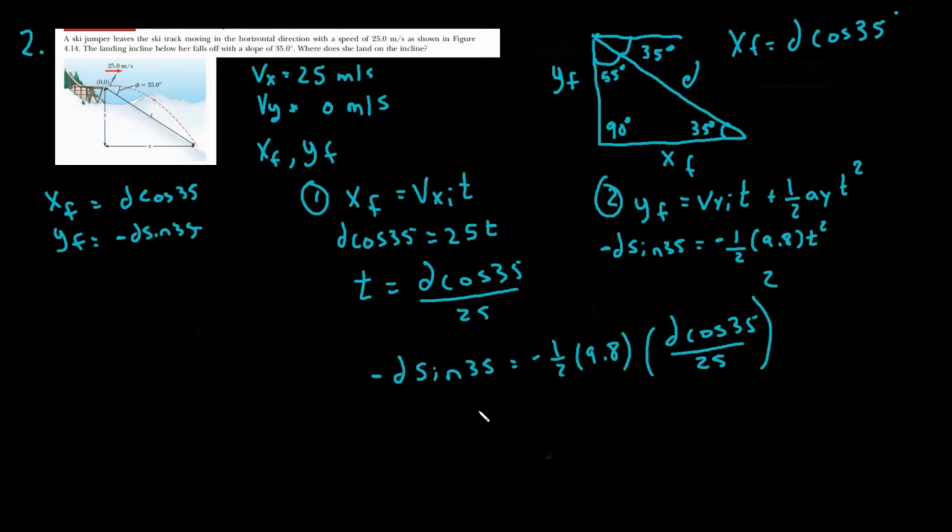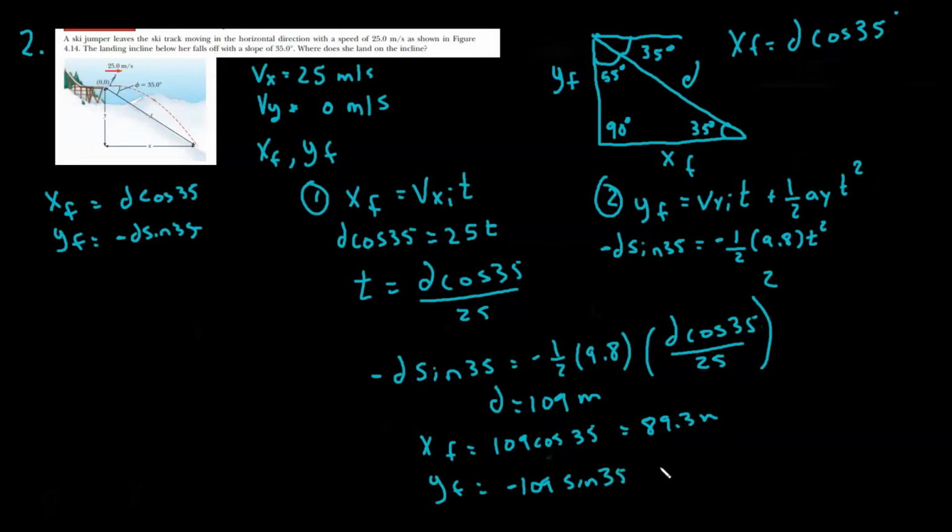And if we solve for D, we end up getting D is equal to 109 meters. To find the x final, we knew that it was D cos 35, so 109 cos 35 gives us 89.3 meters, and y final is negative 109 sine 35, which is negative 62.5 meters.